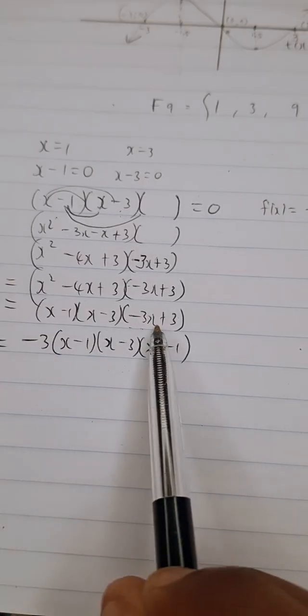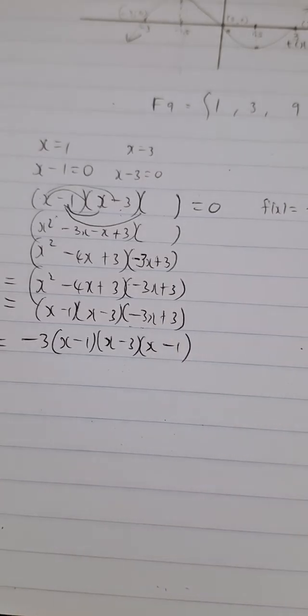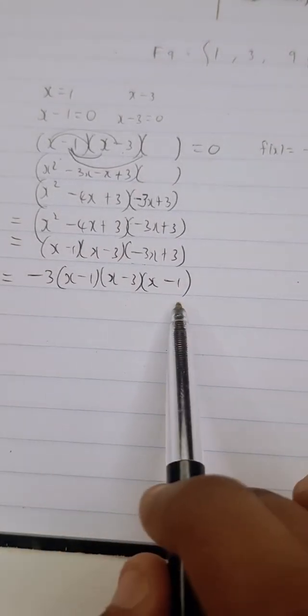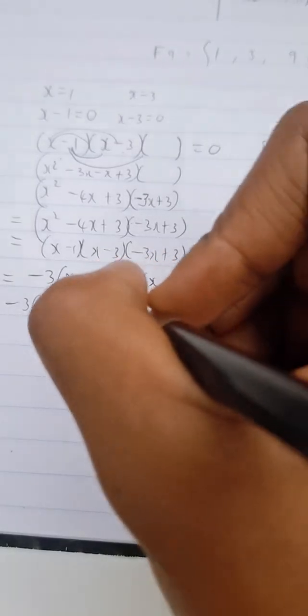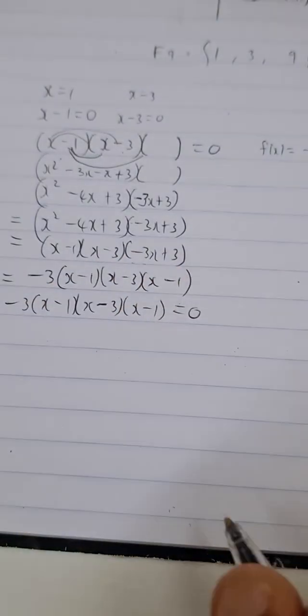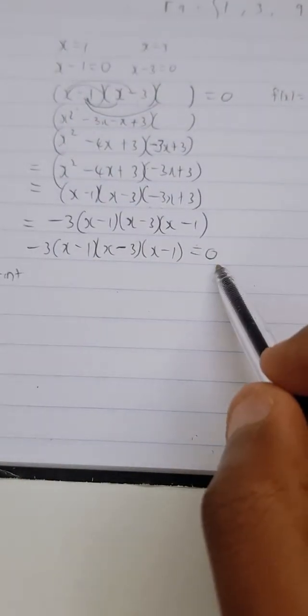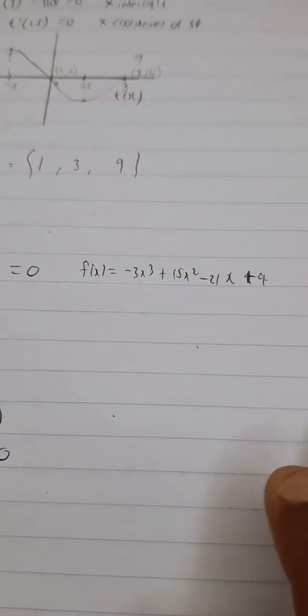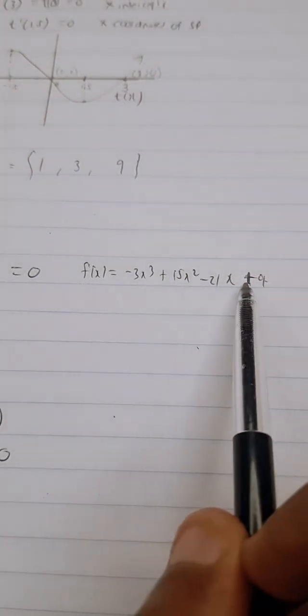If you took this negative 3 back to the negative 1, you get that positive 3. So that works out. So these are my original brackets. So I can take this negative 3 into x minus 1 into x minus 3 into x minus 1 and equate it to 0. Now to find the x-intercepts this way, of course letting y be equal to 0, because this bracket, factors of brackets that are factors, represents this entire cubic function.